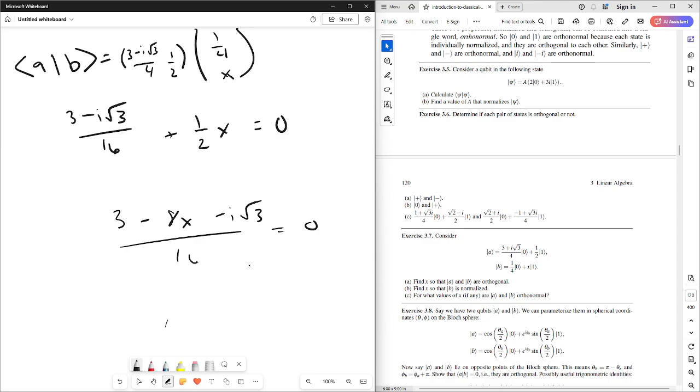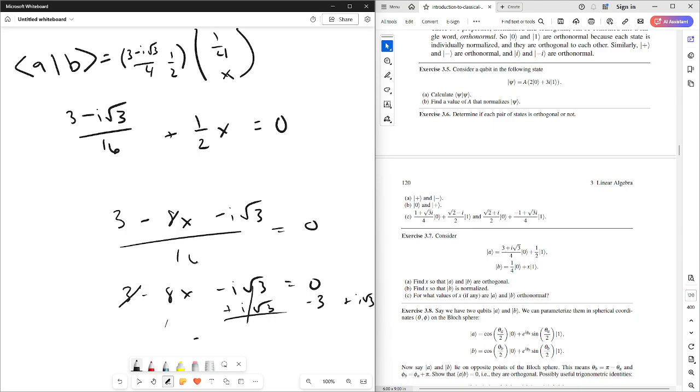Multiply everything by 16 and subtract the 3, and add the plus i square root of 3.